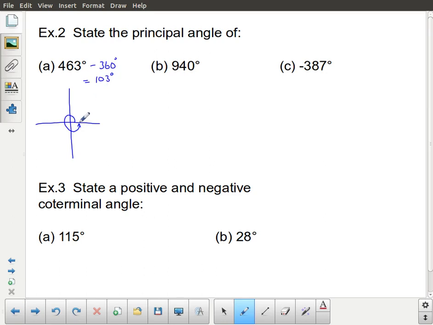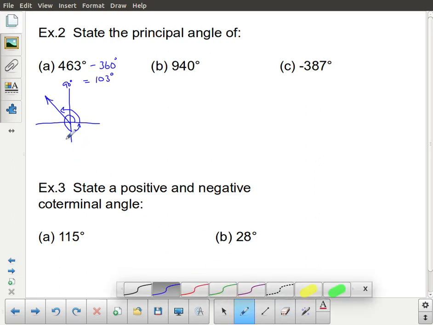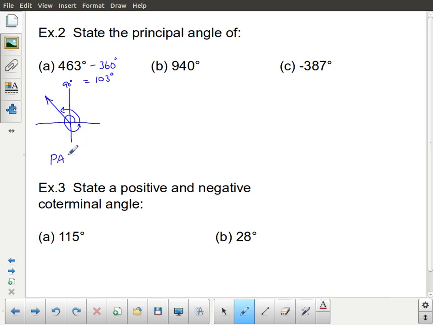That means I need to go a little bit further than 90 degrees, which gives me a terminal arm about there. And so the principal angle is just that little extra piece that I had to do. So the way we might write that from a terminology point of view is we might just say here that the principal angle is equal to 103 degrees.